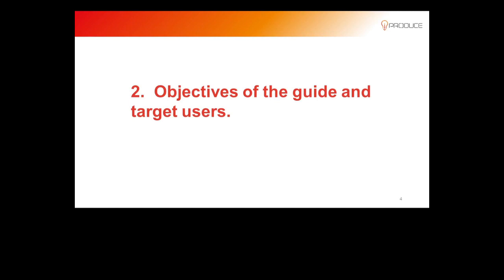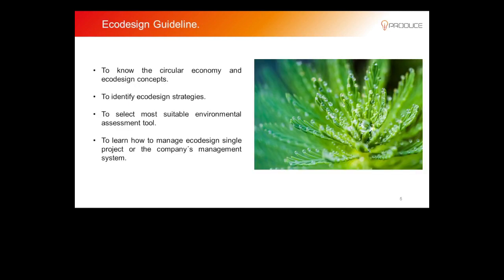This guide has the following specific objectives: to learn about circular economy and ecodesign concepts and their benefits, to know the strategies of ecodesign with several demonstrative examples, to know the environmental assessment tools which are needed to verify the environmental improvement achieved by ecodesign, and to support companies to select the most suitable to them.